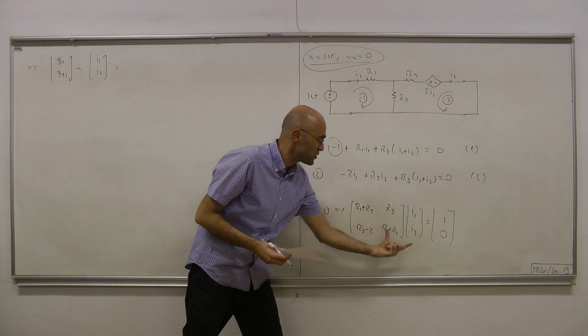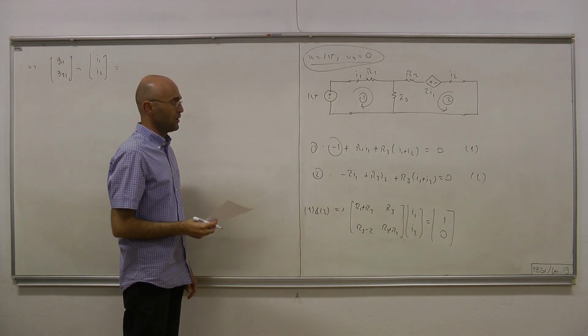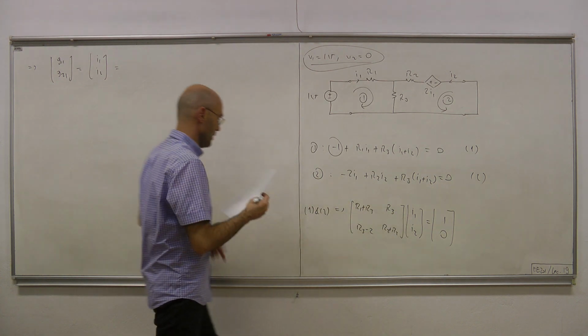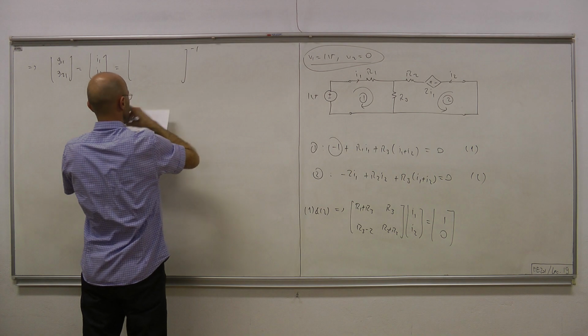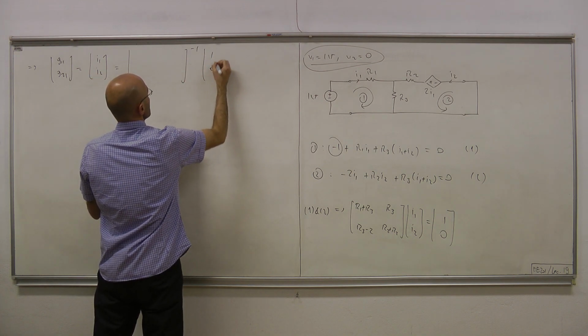Then we have this equation concerning I1, I2, and that yields I1, I2 equals that matrix inverse times 1, 0.